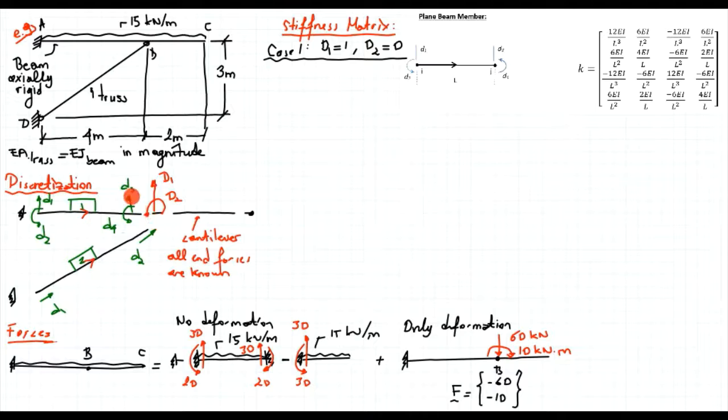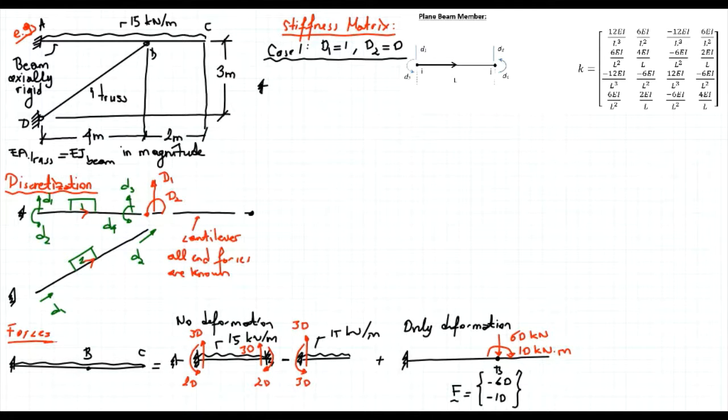I can directly write the contribution of the first member, because as you see, the directions of the member's degrees of freedom are the same as the directions of the structure's degrees of freedom. But when it comes to the truss member, the directions are not the same. So I have to draw the free body diagram and do the geometric rotation of these forces, or calculate the components of this force in the directions of the structural degrees of freedom. So let's do that.